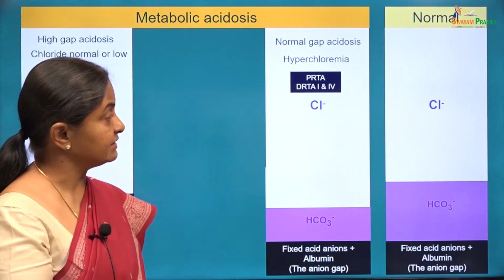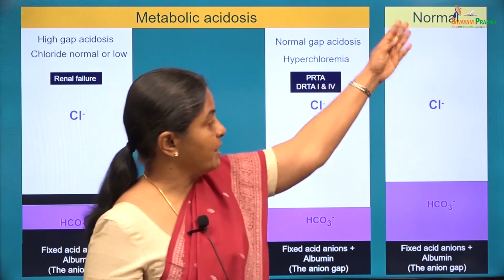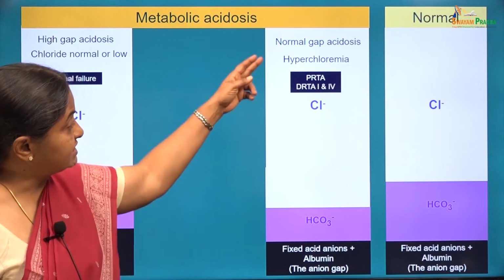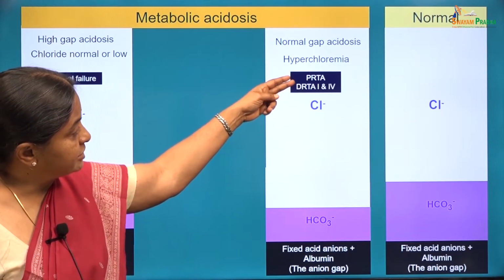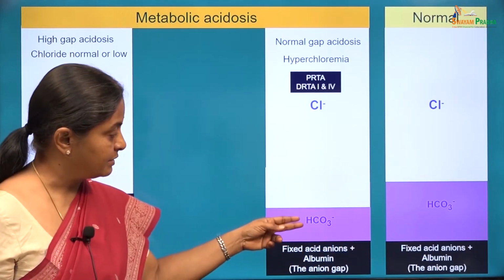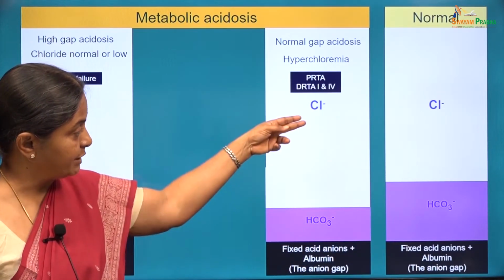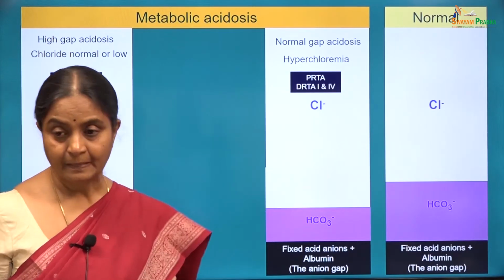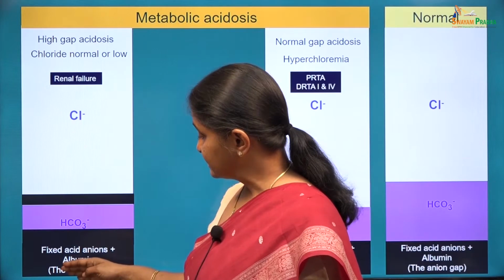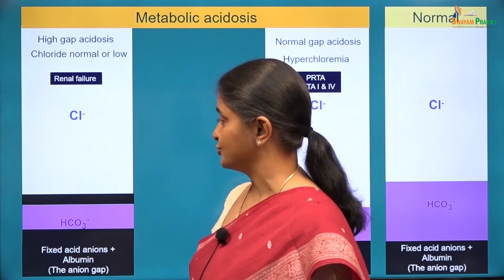If we look just at the anion space and compare with the normal distribution of anions, we've already seen that in renal tubular acidosis, there is a normal gap metabolic acidosis with hyperchloremia. And in renal failure, we've seen that there is a high gap acidosis.